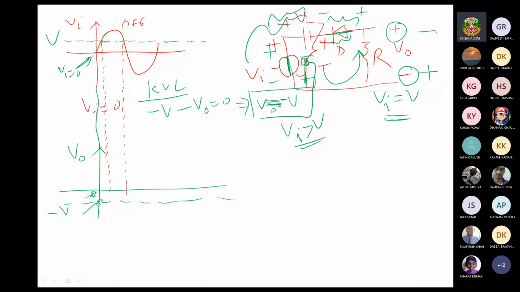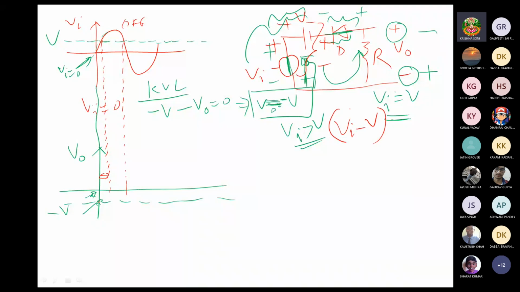Okay. So what is happening between this duration when the diode is on? We are having an effective potential equal to Vi minus V, which will be seen at the output.